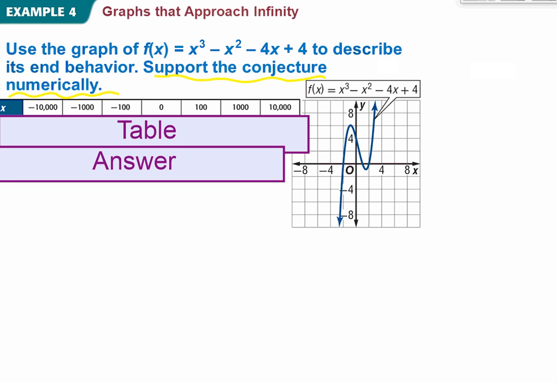So the table of values that I have starts at -10,000, -1,000, -100. I'd like everybody to make that table, or well, you don't have to make it like that, but I'd like you to put in x equals -10,000, and I want you to look at that table of values because I want to see what your answer looks like on the table when you do that. So -10,000.